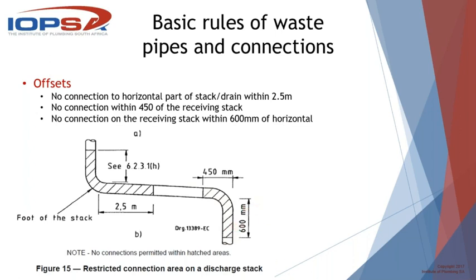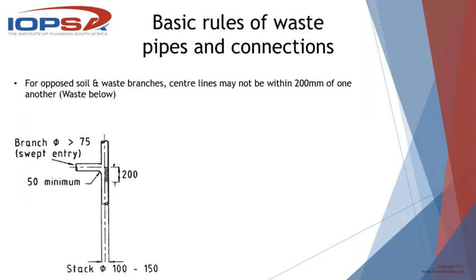There is another instance of that, and that is where you have opposing branches, soil and waste branches. If you have a toilet coming in from the left over here, that hatched area from the center line of the toilet downwards 200 mil, you cannot join a waste pipe.